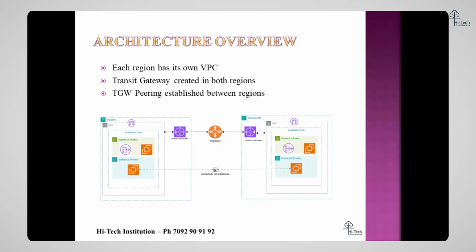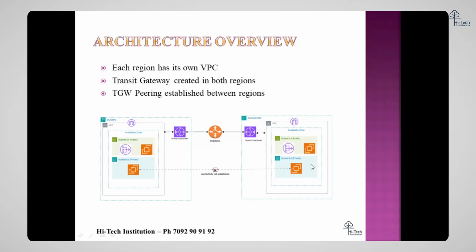It's supposed to communicate. But in this scenario, in this VPC subnet 2, we have one EC2 instance, and in this Singapore region VPC, we have another EC2 instance. When I try to communicate between them through private IP, it is not happening. This is the issue right now. When I was configuring this setup, I properly configured the VPC, the subnets and the transit gateway, and the same way in the Singapore region.